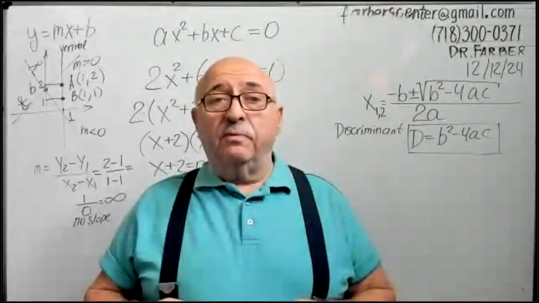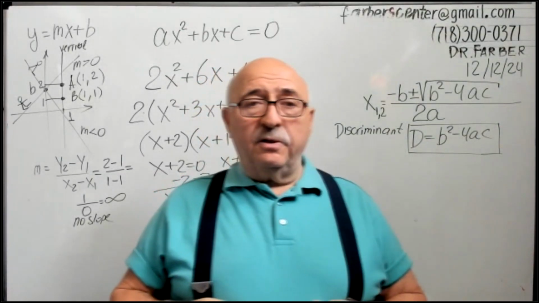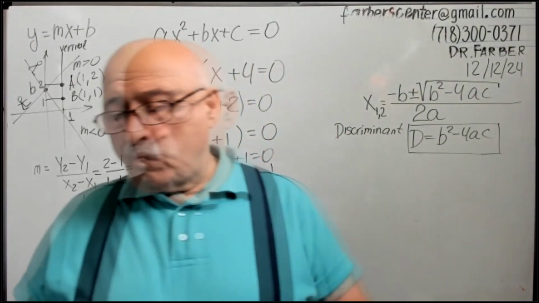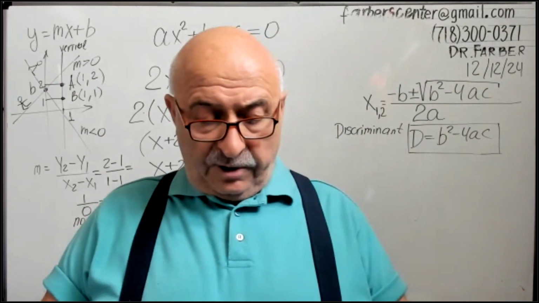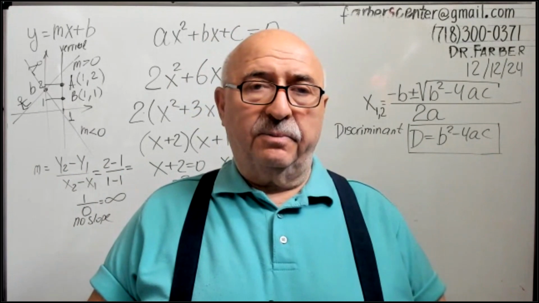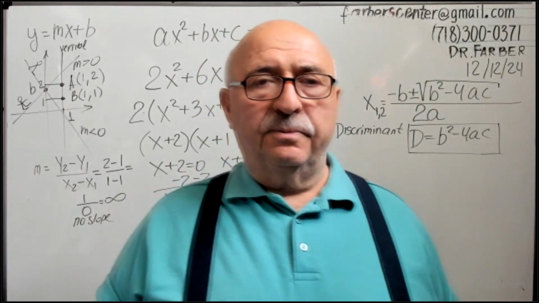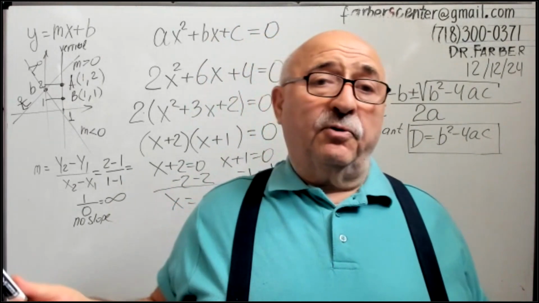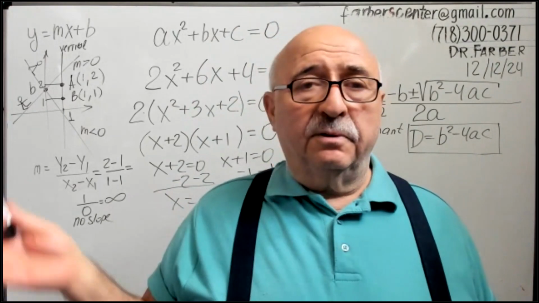And the second, square root of a negative, impossible to do in the set of real numbers. In SAT, when I teach you complex numbers, you will understand how to do this concept. But this SHSAT test is only for real numbers. For instance, square root of negative 4, for this test, impossible.